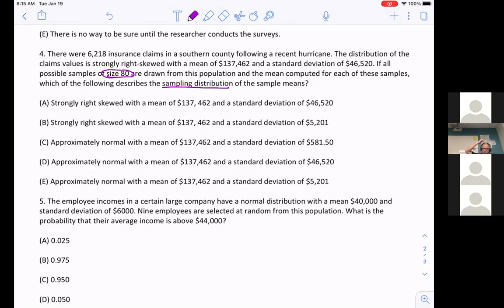However, we know because of the central limit theorem, the sampling distribution will be approximately normal if the sample size is sufficiently large.